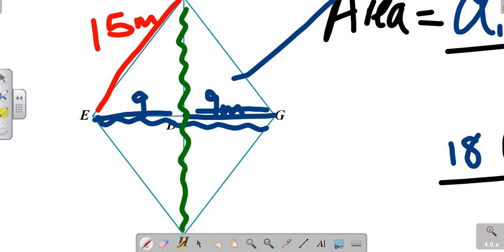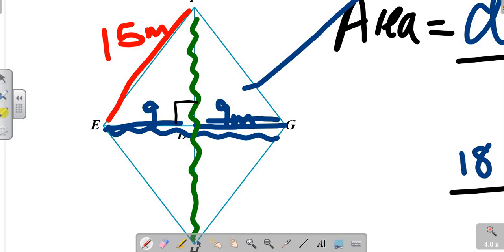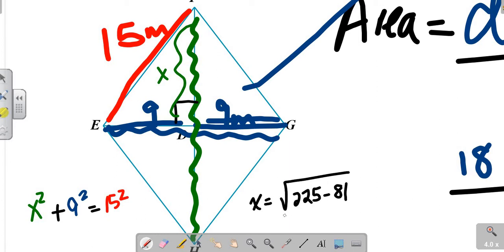But, because we have a rhombus, we have a right triangle here. Call that X. Have two sides, need a third side, Pythag. Our X is going to equal the square root of 225 minus 81.